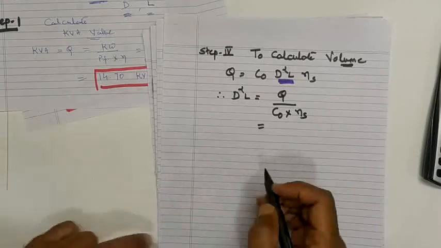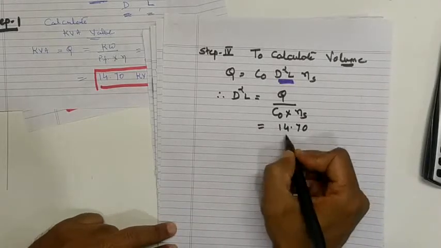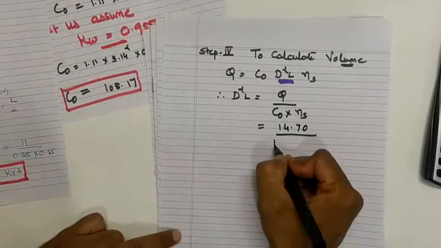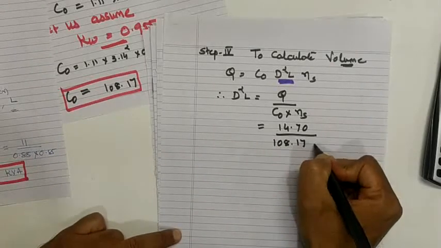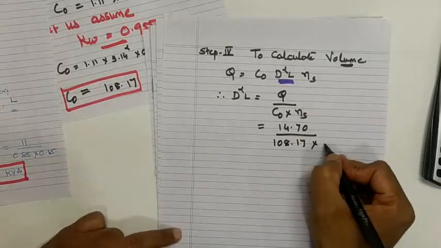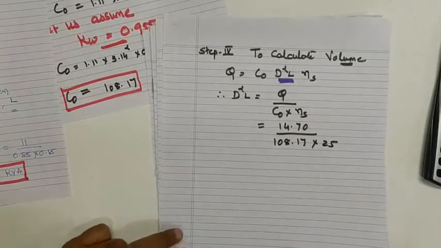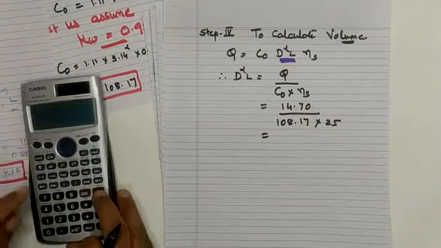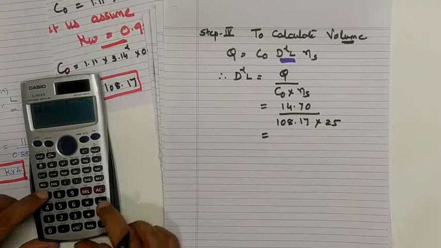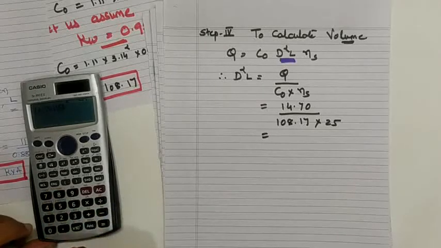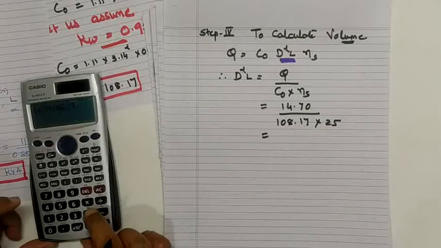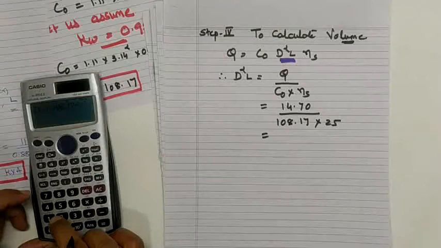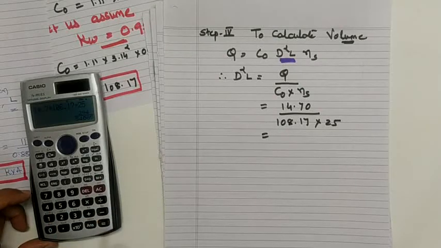Now Q, that is 14.70, we have just calculated. Then CO, that is 108.17, multiplied by speed, that is 25 revolutions per second. So now let us calculate 14.7 divided by 108.17 divided by 25.